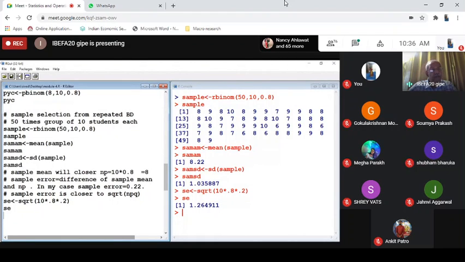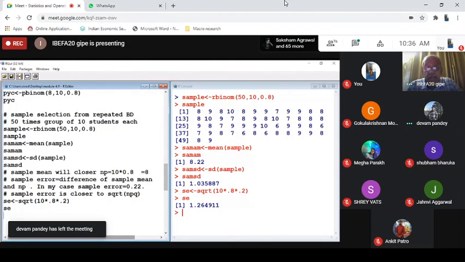Square root of 10 into 0.8 into 0.2. If your sample error is below this number, your analysis will be closer to the population parameter.